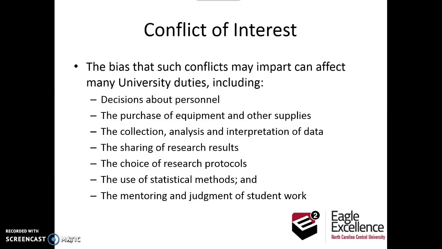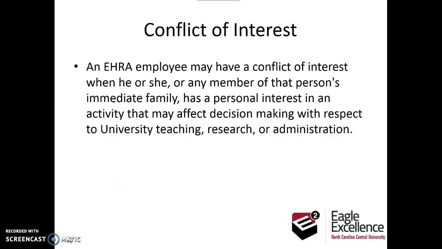Some of an employee's duties that have the potential to be negatively impacted from a conflict of interest include personnel decisions, purchase of equipment, data collection and analysis, sharing of research results, choice of research protocols, use of statistics, and mentoring or judgment of student work. If an employee or an immediate family member of an employee has a personal interest in an activity that may affect decision-making within the university, there may be a conflict of interest.